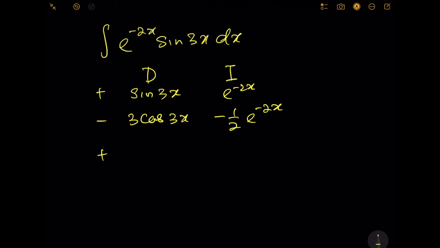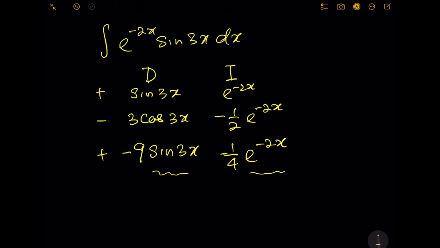The derivative of 3 cos 3x becomes negative 9 sin 3x, while the integral of here will be negative multiplied by negative becomes positive 1 over 4 e power negative 2x. So here is the good news. You have an exponential negative 2x, and then you have a sine 3x, which is repeating the question given. So we're going to stop here.